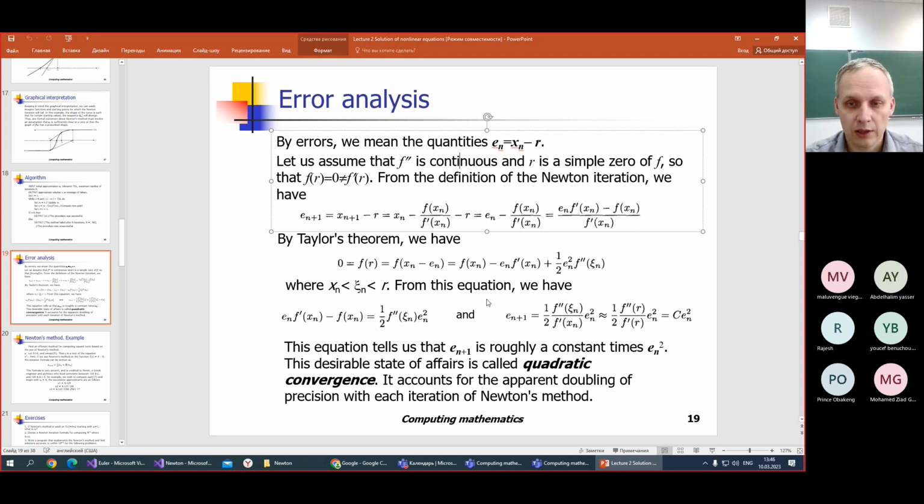And finally, we have that the error on the next step, it means En plus 1, equals some constant times En squared.